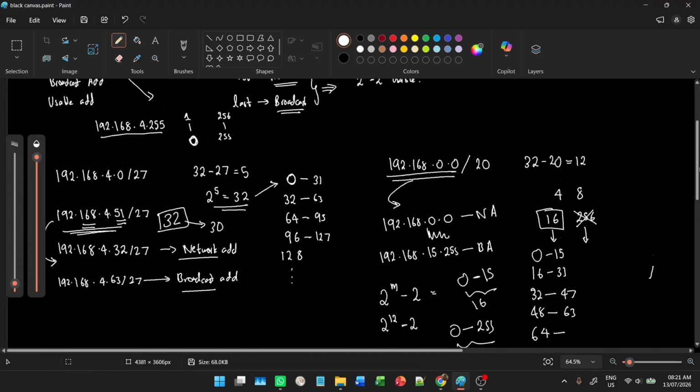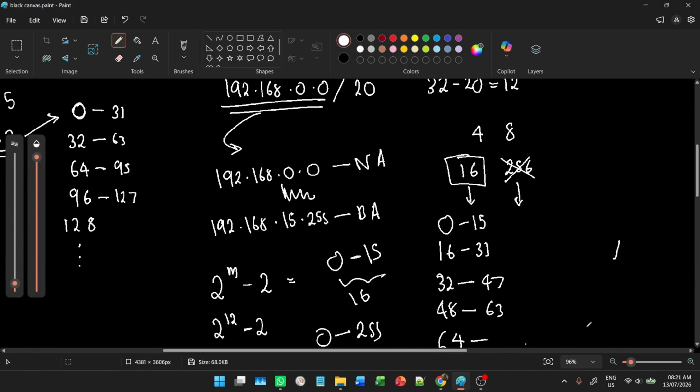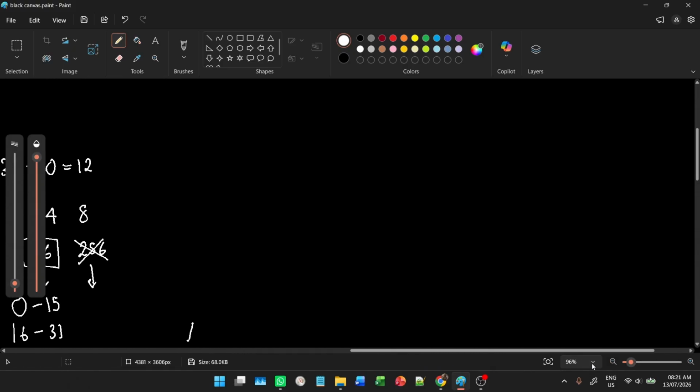Let's do one more example. Let's say they give you 192.168.40.8, and they give you slash 20 here.